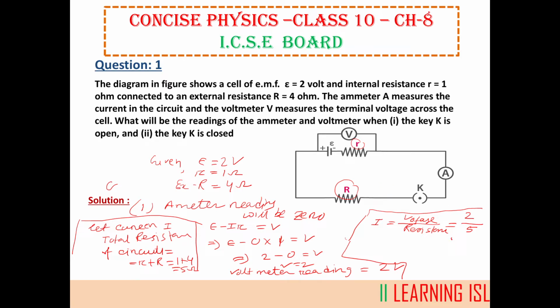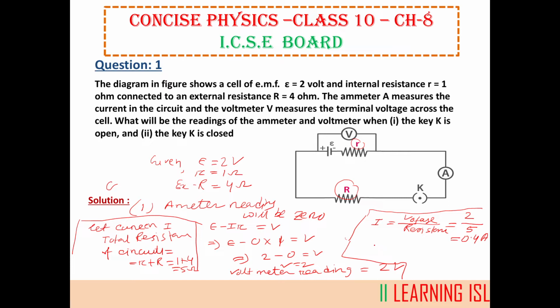So we are getting current is 2 by 5, that is 0.4 ampere.